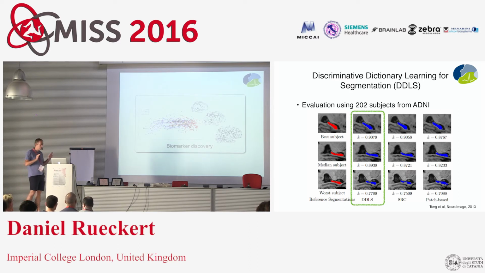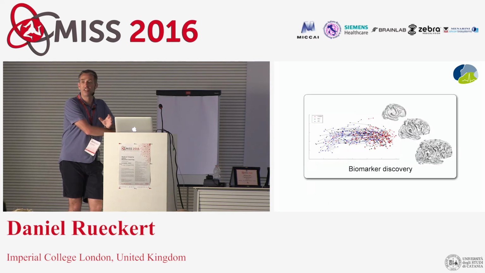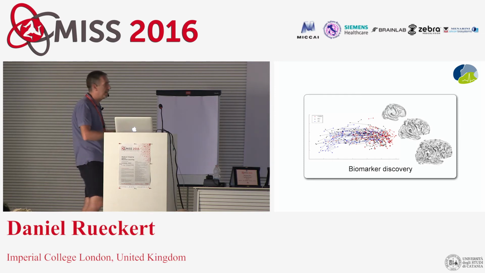So I'm going to finish off with a few more slides on a core machine learning application, which tries to discover biomarkers from images without actually segmenting them, without registering them, really just trying to discover what's in your data.